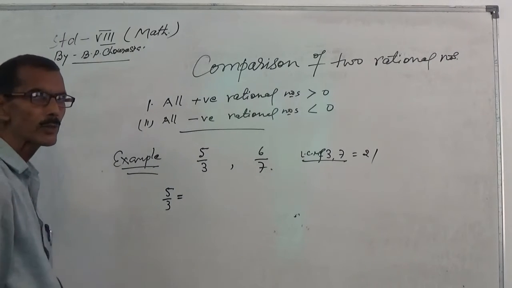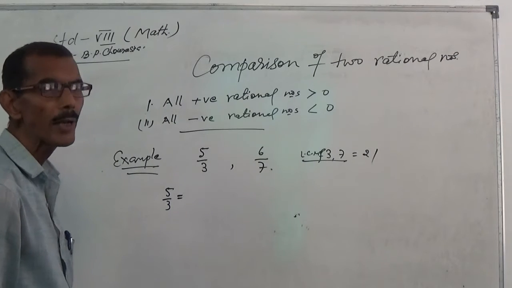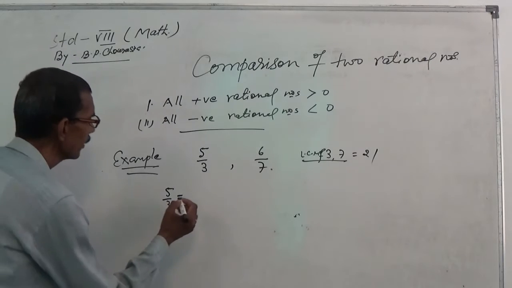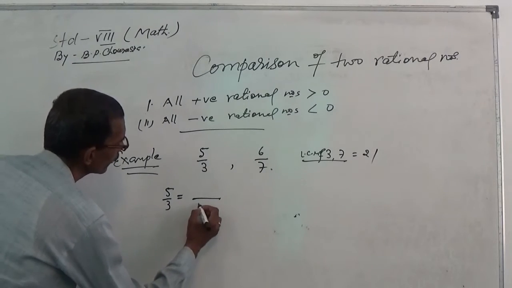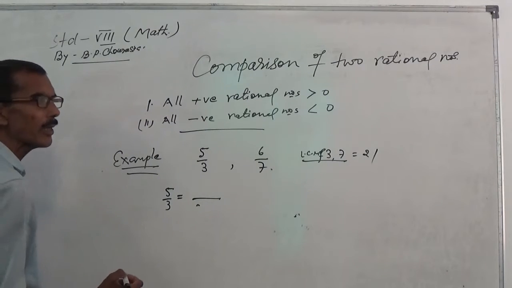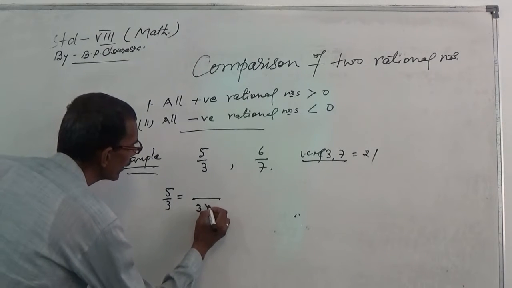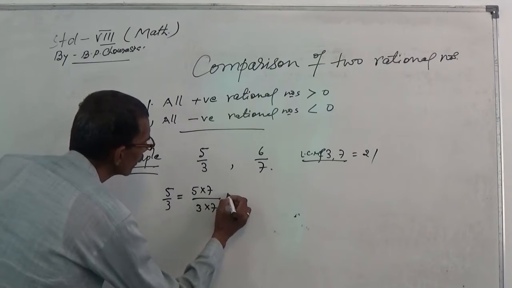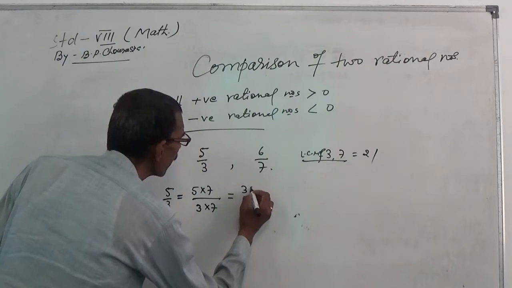In junior classes you have already learnt to find equivalent fractions. You can change denominator 3 to 21 by multiplying denominator and numerator by 7: 3 into 7, 5 into 7. This is 35 by 21.